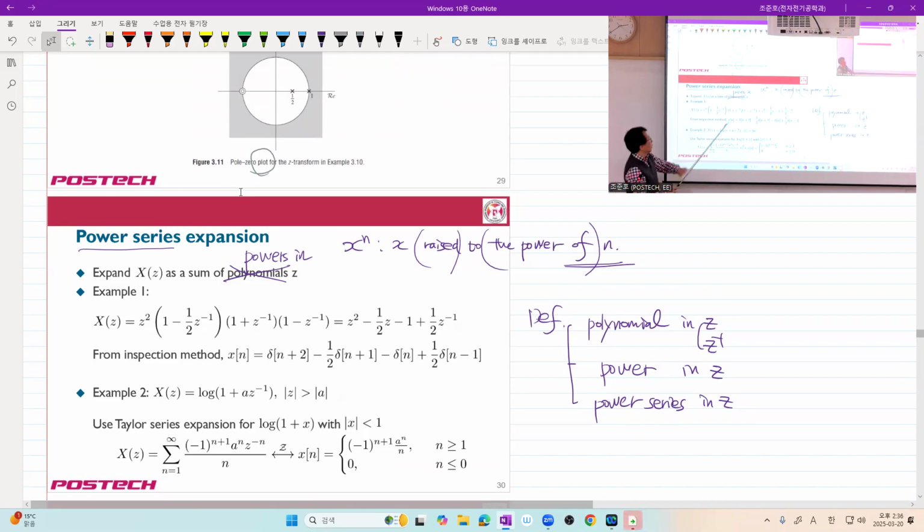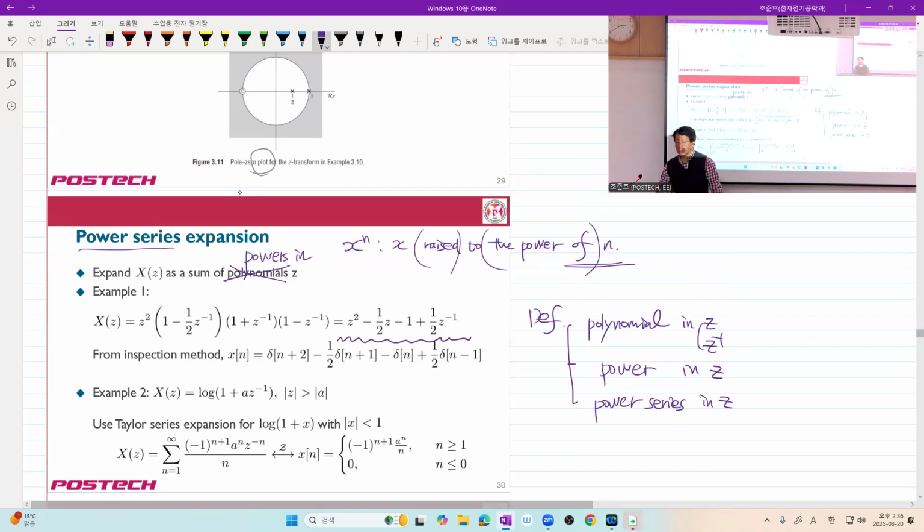Since you have a finite number of factors and polynomials which have finite orders, if you expand that as you've done in high school math, then after sorting them up, you have what? Z squared minus 1/2 z minus 1 plus 1/2 z inverse.